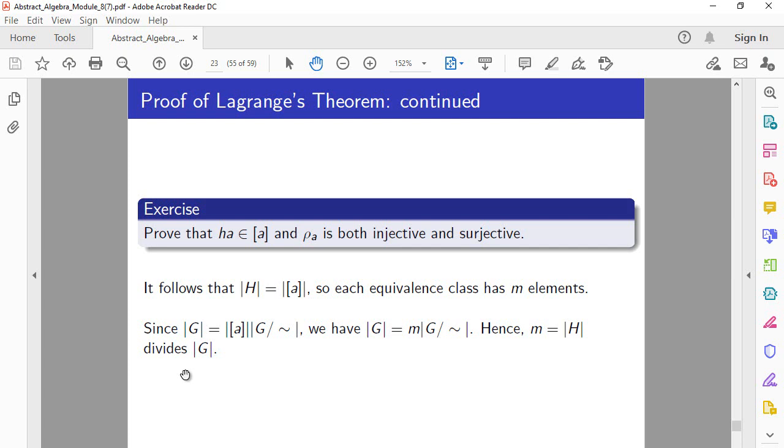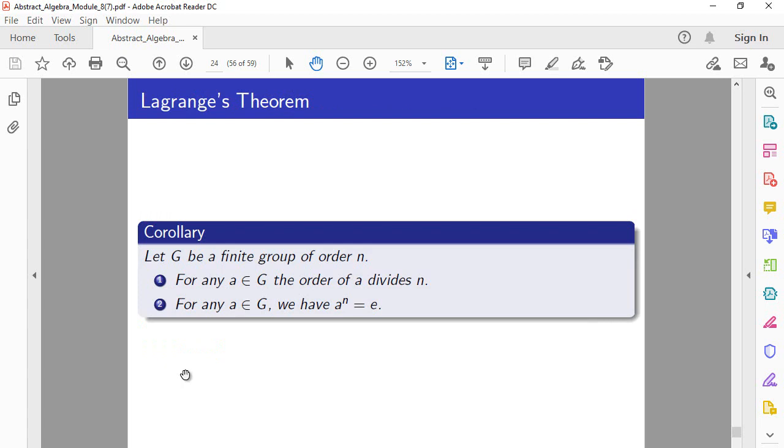Okay, so now two consequences here. If G is a finite group of order n, and so the number of elements of G is n, then for any A in G, the order of A divides n, right?